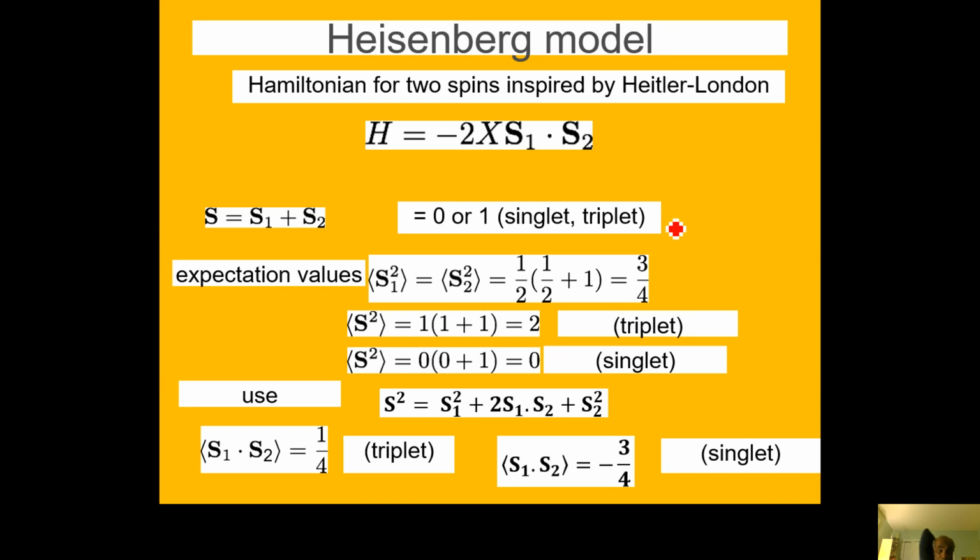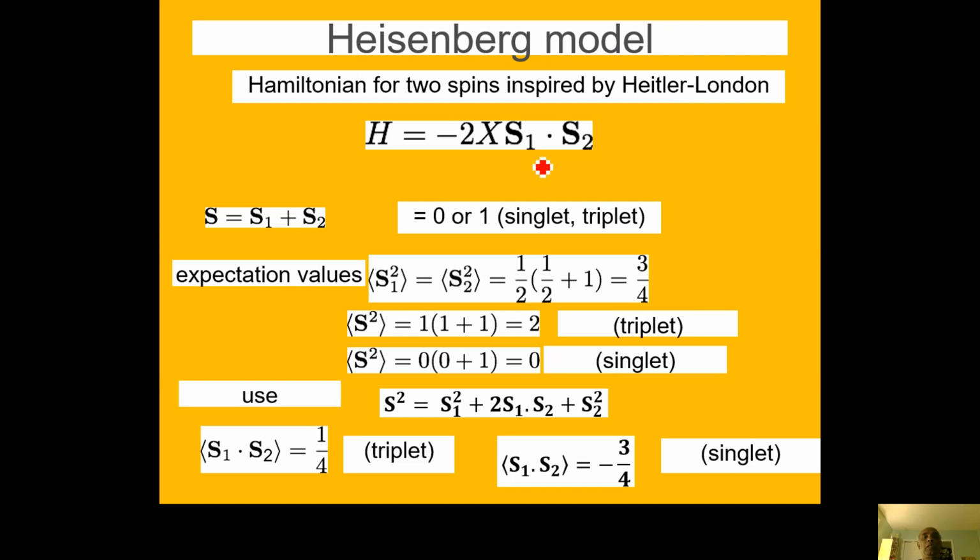Now let's talk a little bit about the Heisenberg model. Here I actually write x instead of J, the coupling constant. Again, if x is positive, that's a ferromagnet.